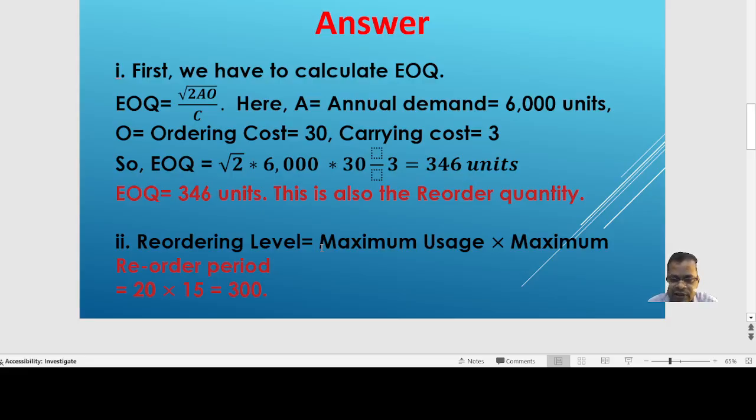It needs to replace those inputs by placing another order. So the reordering level is the maximum usage into the maximum reordering period.